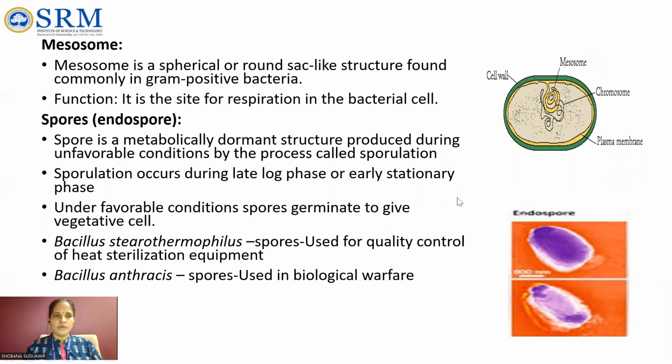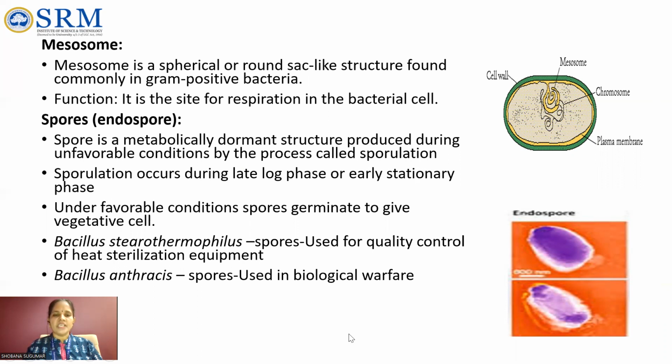And then coming to spores. Spores are metabolically dormant structures produced during unfavorable conditions by the process called sporulation. If there is no suitable temperature, pH, or nutrient source, the bacteria will survive by producing dormant spores. This sporulation occurs during the late log phase or early stationary phase.